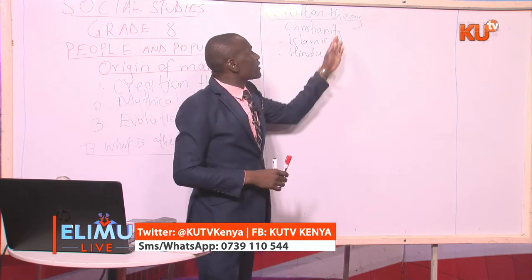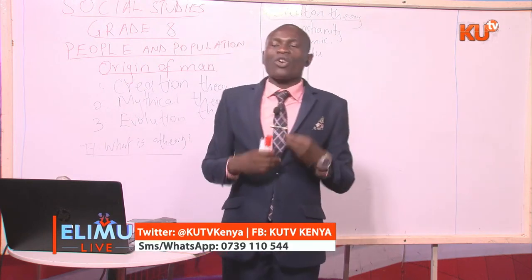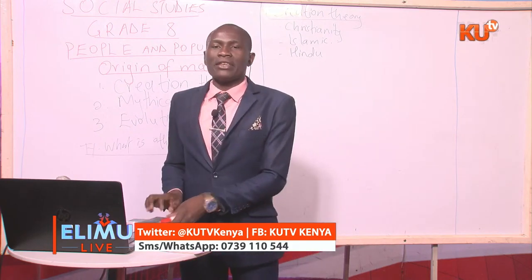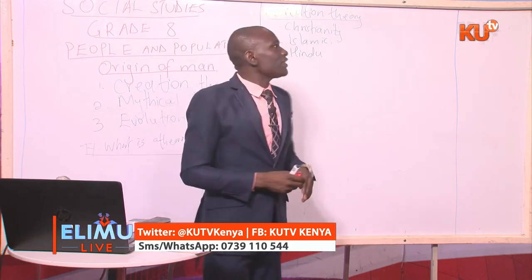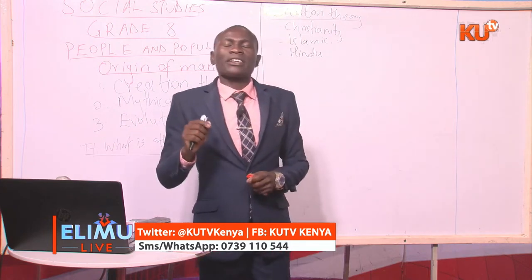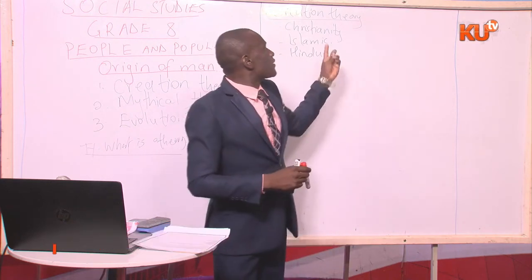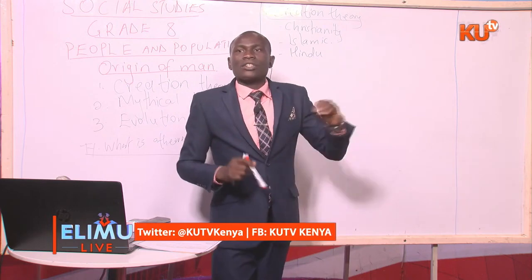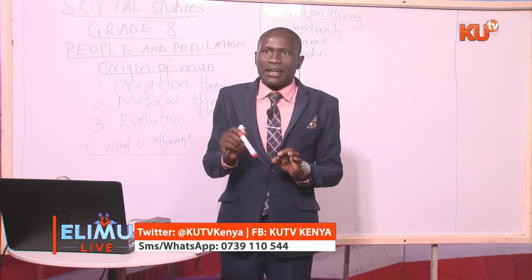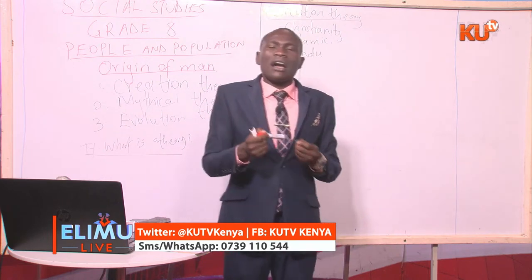As we start with Christians, Christians believe that we were created by God. We believe in a supernatural being who is God. And in Christianity, we believe that the first people to be created were Adam and Eve. So as Christians, we believe that we all originated from Adam and Eve, our ancestors.